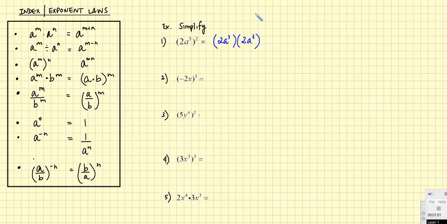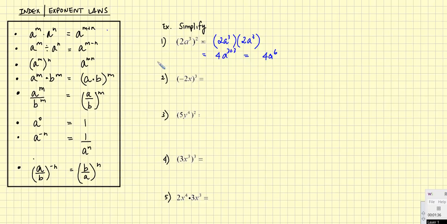In the expansion process, all I have to do is multiply together all my numbers, and wherever I have the same bases, because it's multiplication, I would add the exponents. So 2 times 2 gives me 4, and then a cubed times a cubed means that I have a to the 3 plus 3. I'm just going to put that in there, but it's obviously not necessary, which will go to 4a to the 6th. Now, keep in mind, that was using the first law, that we have a to the m times a to the n equals a to the m plus n.